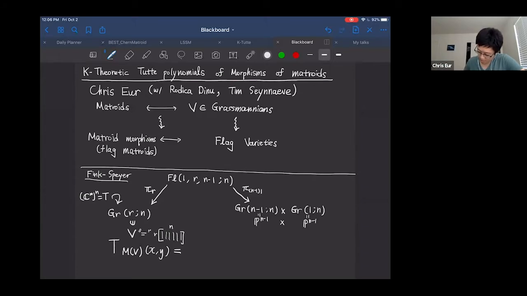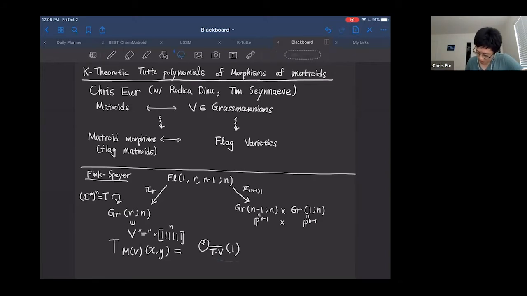And what one does is first you consider the torus orbit of that point on the Grassmannian, take its closure, and look at its structure sheaf. So this is a subvariety of the Grassmannian. We can look at its structure sheaf and tensor it by the ample line bundle on the Grassmannian.